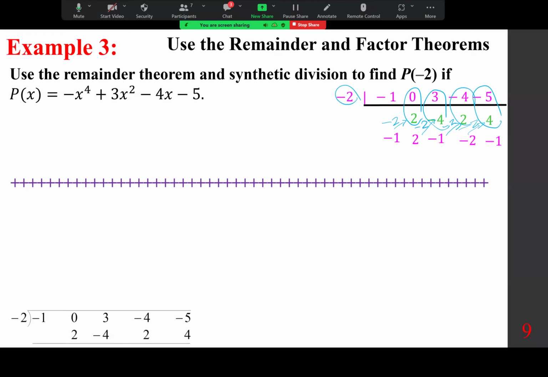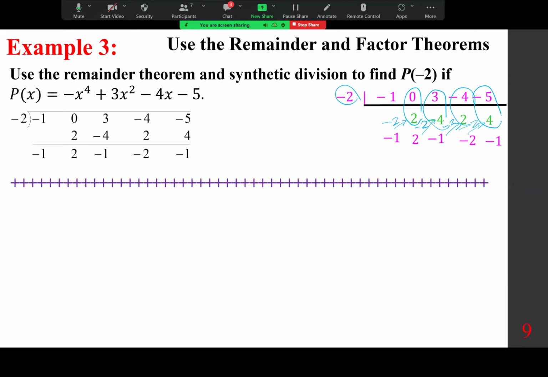So I'm going to rewrite this, and what it means is the answer. So x to the power 4, right? The exponent is 4. So this means minus x cubed plus 2x squared minus x minus 2. Here's the remainder. Because the remainder is not 0, this is not a factor.